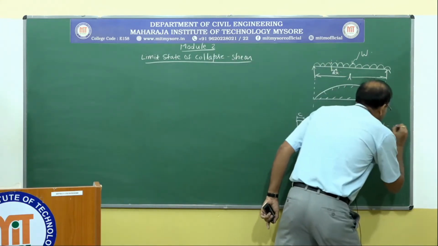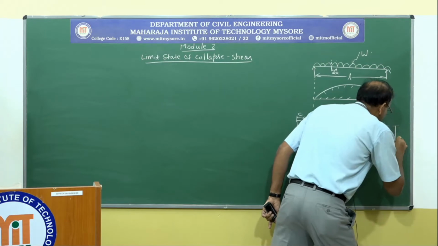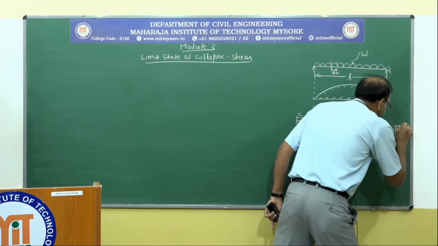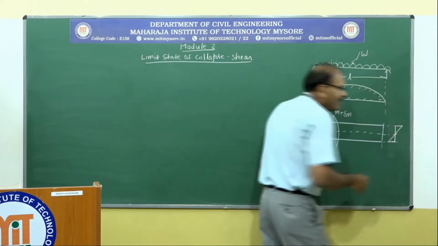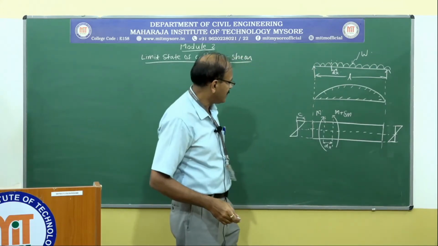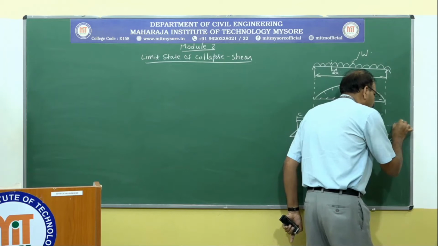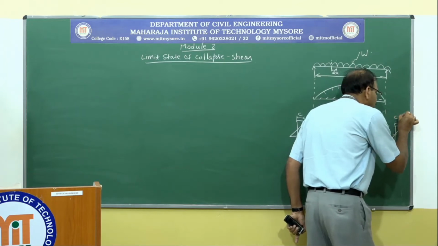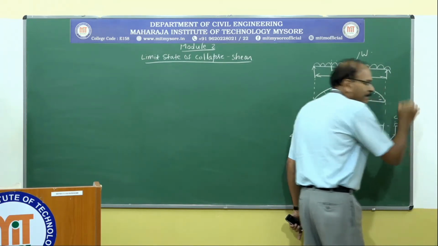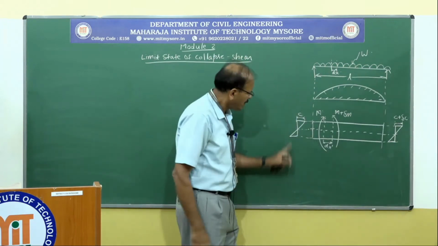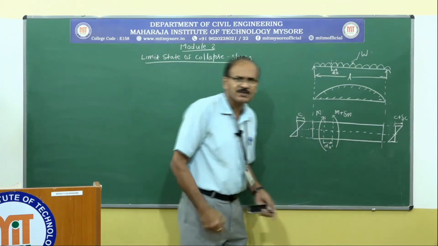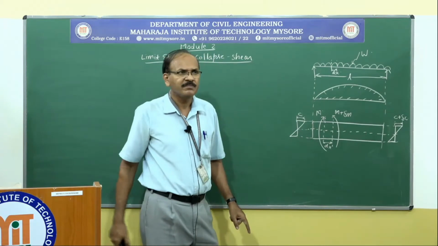So what I am going to get is, again the stress variation diagram is going to be linear within elastic limit, and the stress is not going to be C, it is going to be C plus delta C. So I am not worried about this part because the concept is the same.